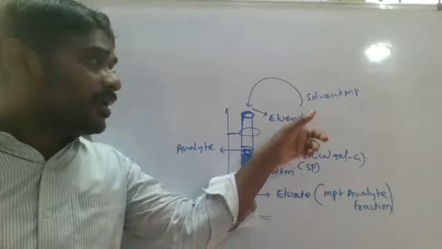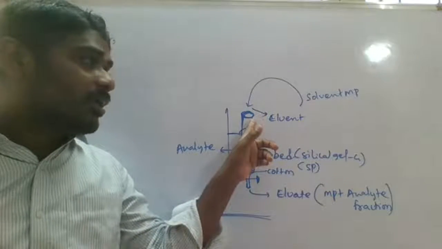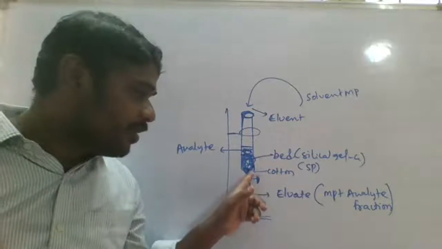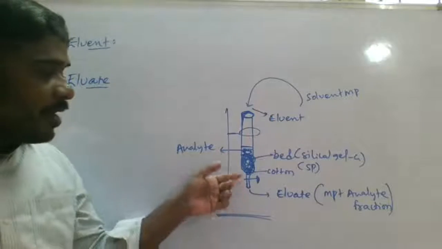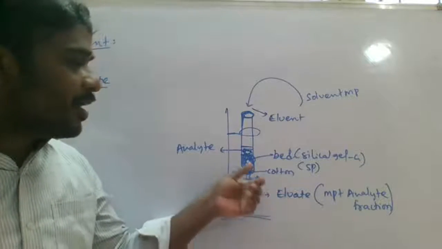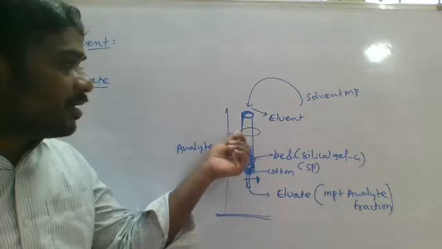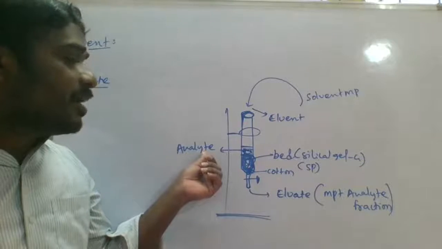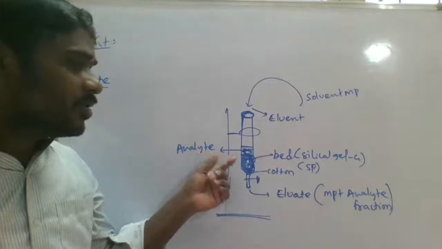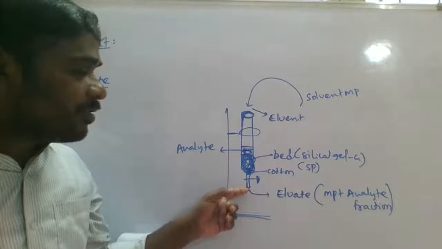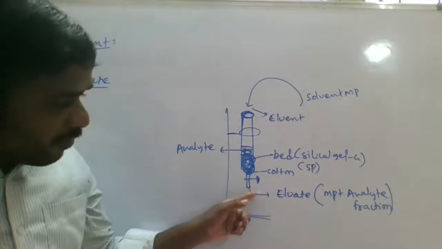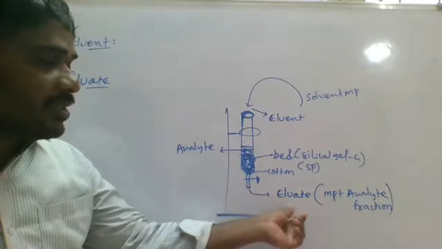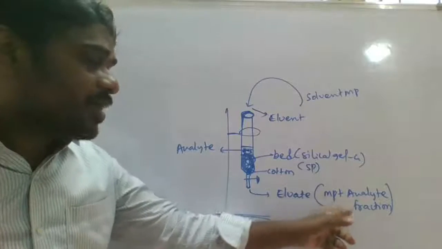Whenever we introduce the solvent mobile phase in front of the column, the solvent travels through the stationary phase. During this, some of the analyte compounds also travel through the column. This is the eluate, consisting of the mobile phase plus a fraction of the analyte.